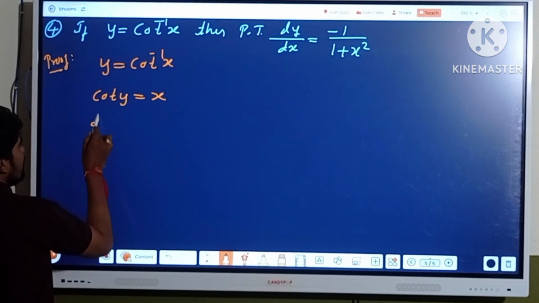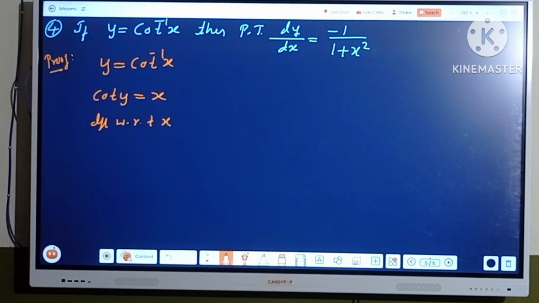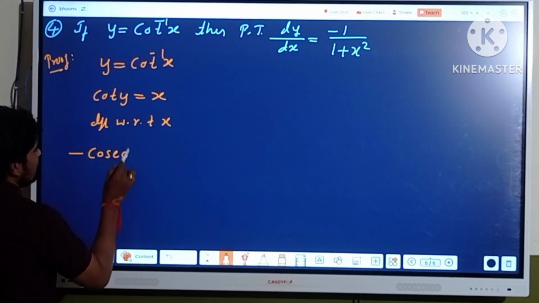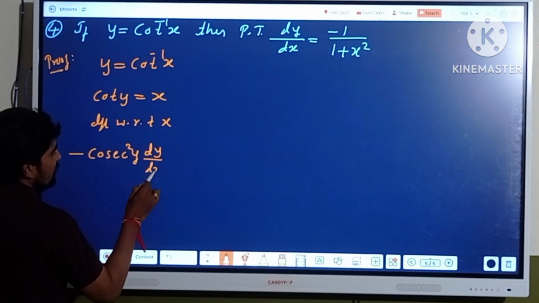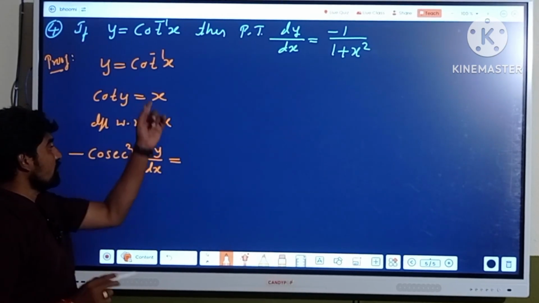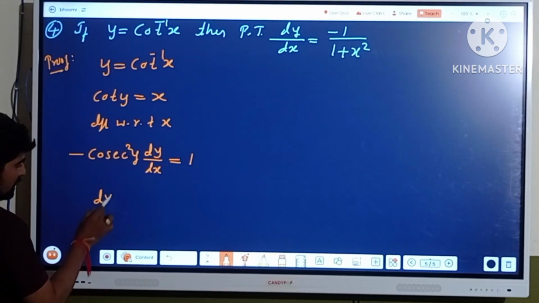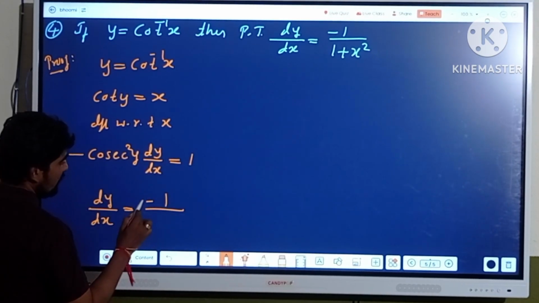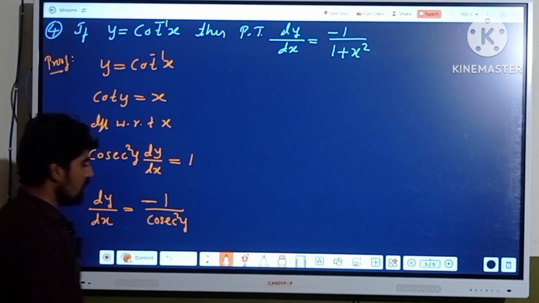Now we need dy by dx, therefore differentiate with respect to x. So the derivative of cot y is minus cosecant square y, and y with respect to x is dy by dx, which is equal to the derivative of x with respect to x, which is 1. So from this dy by dx is equal to minus 1 divided by cosecant square y.